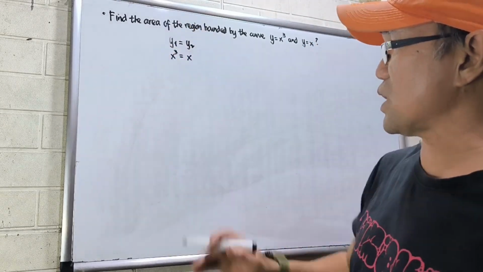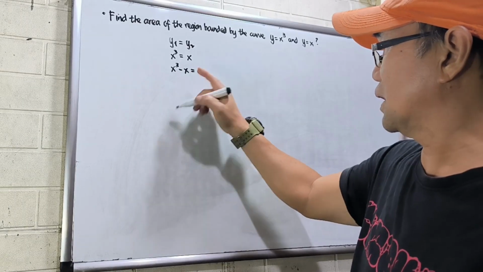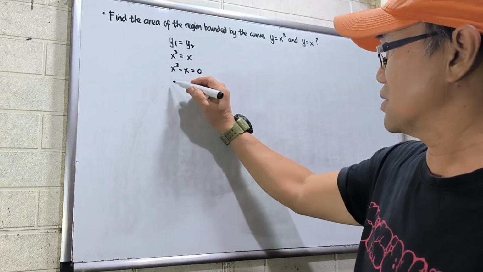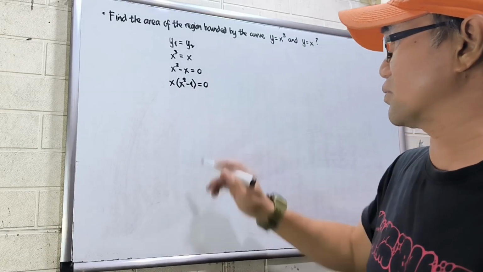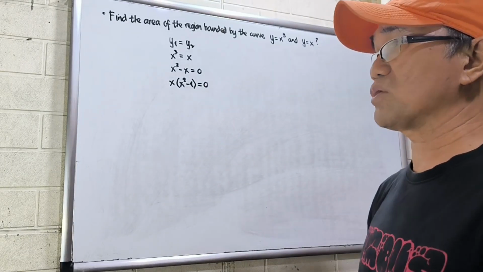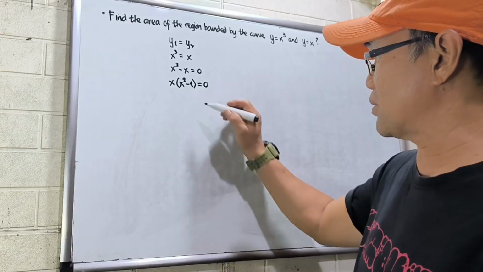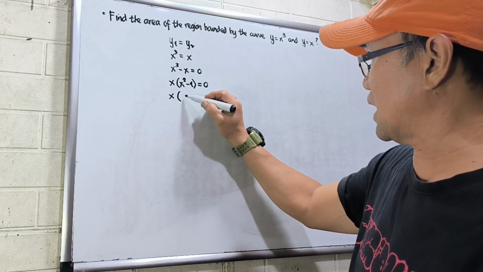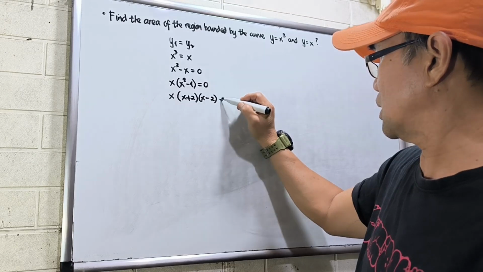I will transpose x to the left, then equate to 0. Then factor: x times (x squared minus 1) equals 0. This is a difference of two squares, a squared minus b squared equals (a plus b)(a minus b). So this will be x times (x plus 2) times (x minus 2) equals 0.